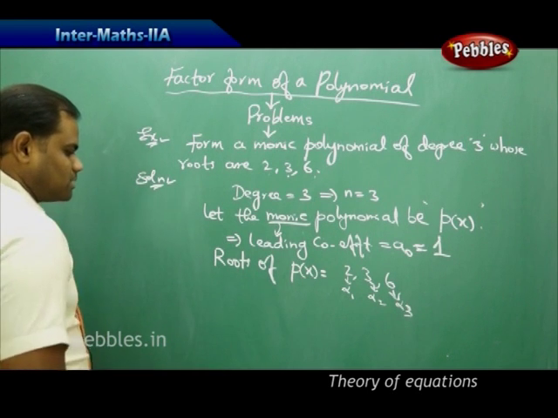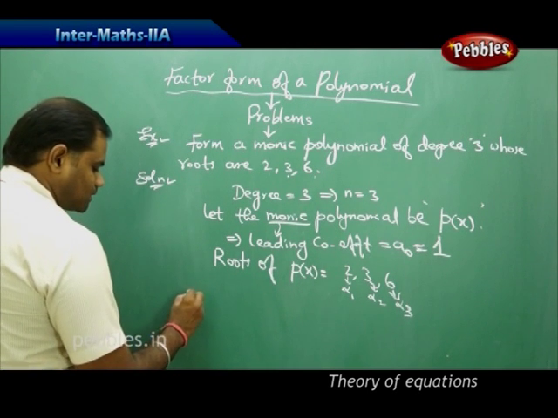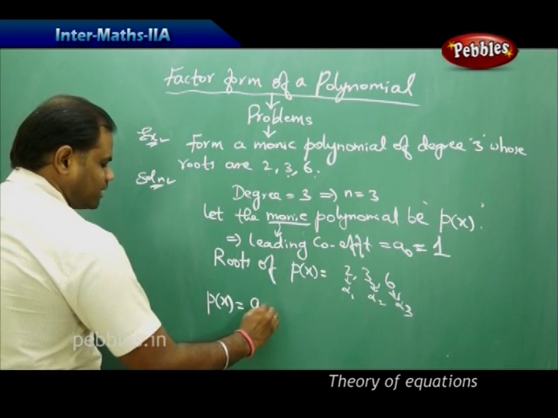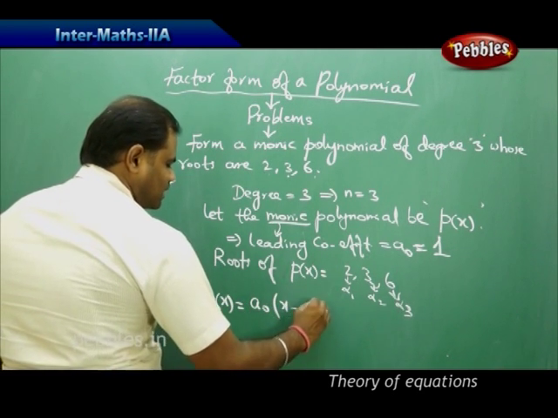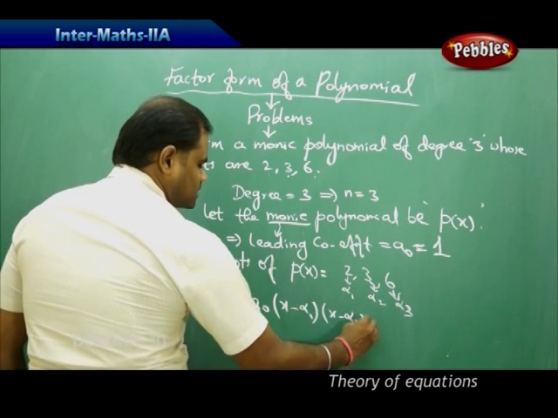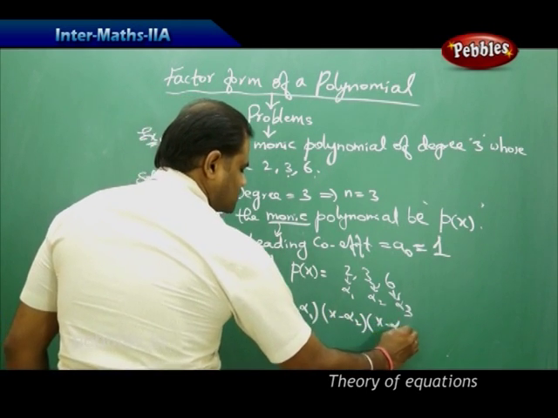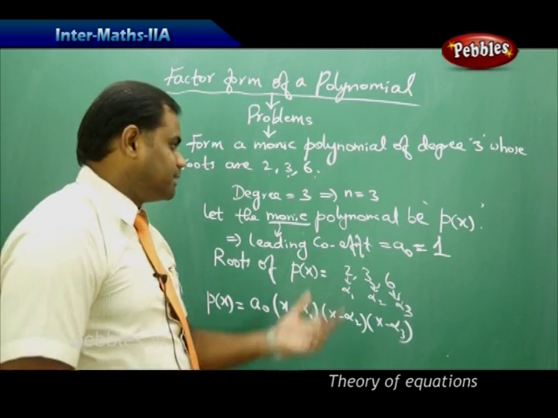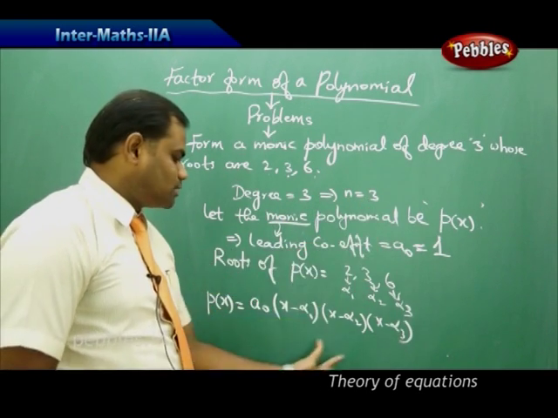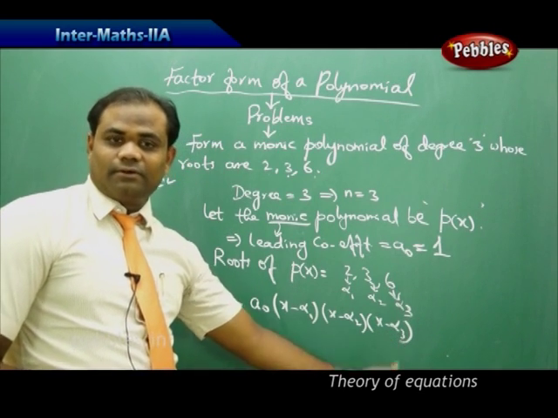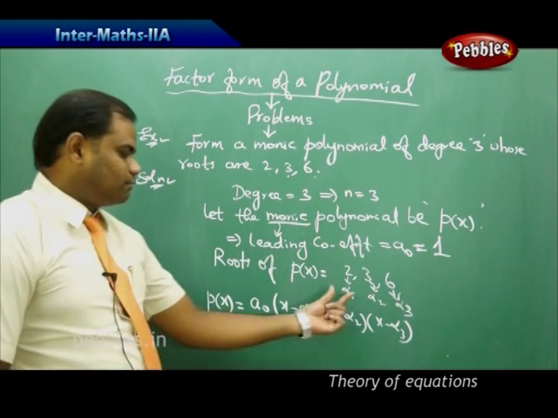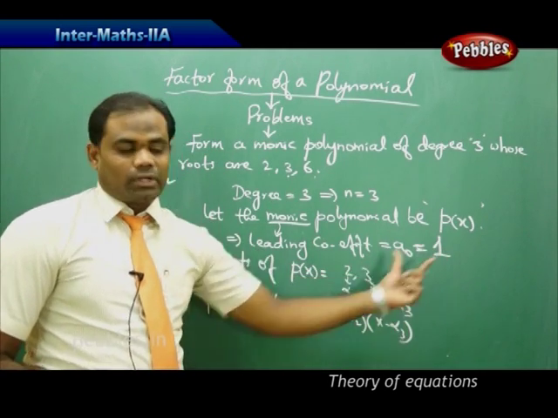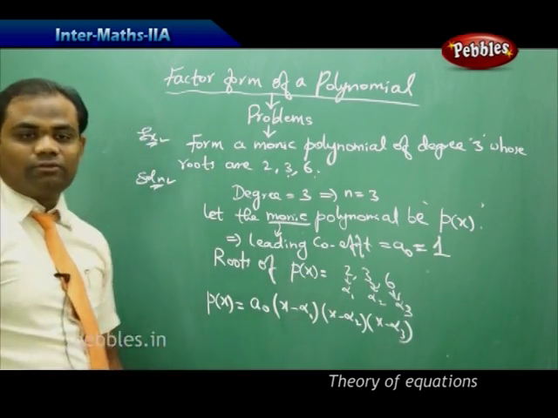Therefore, I can represent the polynomial in the factor form as p of x equals a naught into x minus alpha 1, x minus alpha 2 into x minus alpha 3, which we have already taken in the previous case. Here, degree n being equal to 3, I stop the factors at alpha 3. Now each of alpha 1, alpha 2, alpha 3 are known, and my a naught is also known. I simply substitute in p of x.